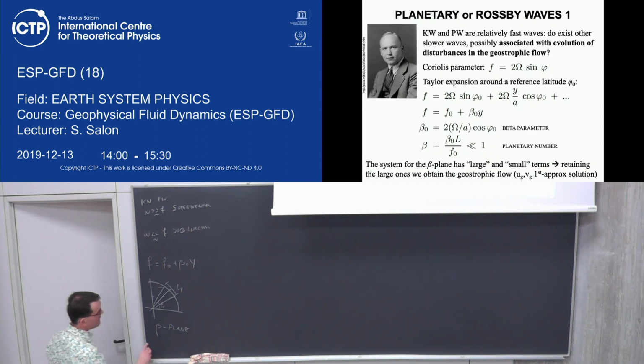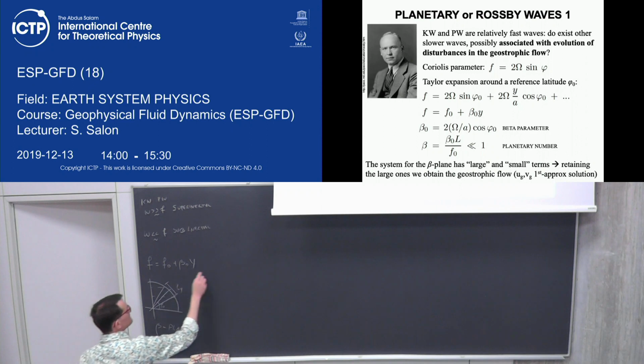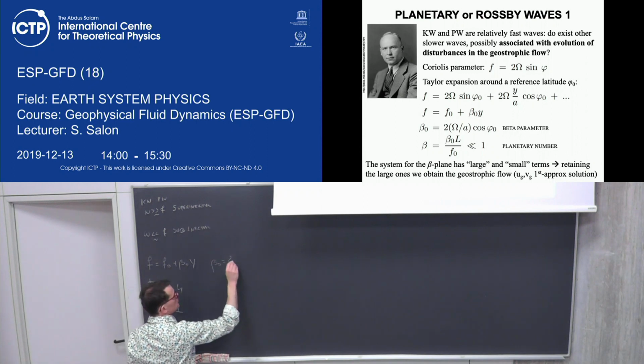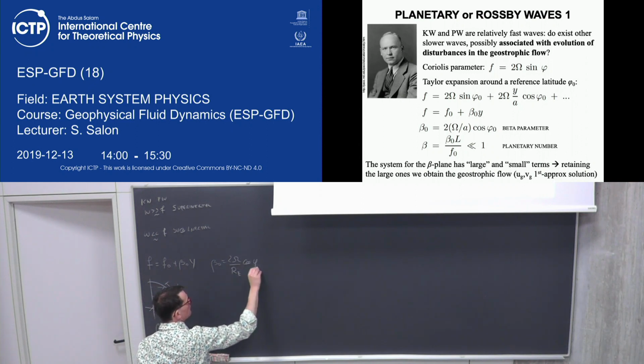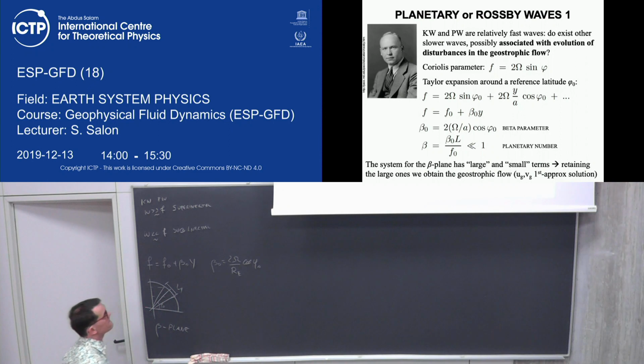So when I have the beta plane approximation, I can represent f, you remember, as the Taylor expansion. So beta 0 is 2 omega over the radius of the Earth, times cosine of phi 0, while f0 is the usual 2 omega sine phi 0.